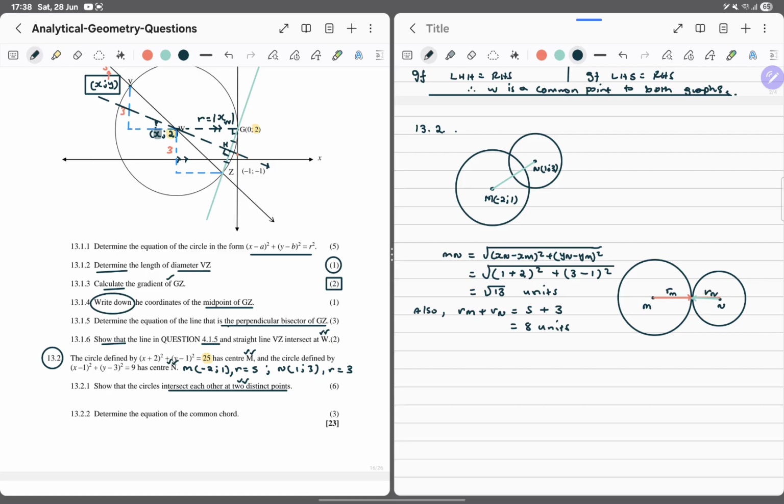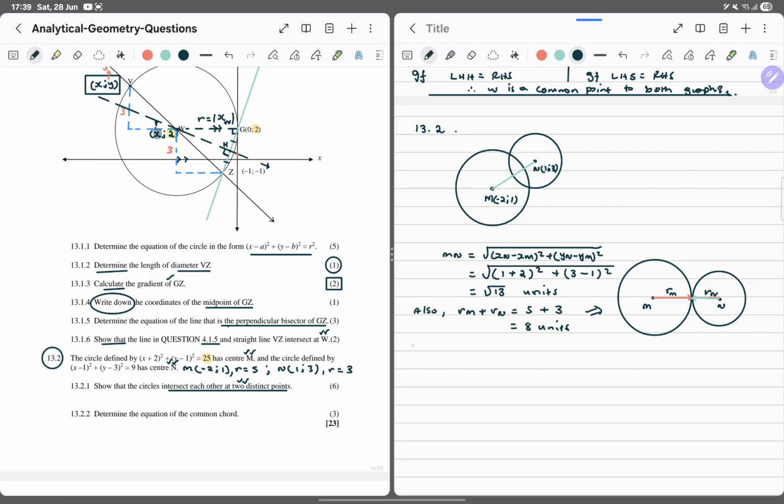So this whole shenanigan is coming from this restriction: if these circles were to touch at only one point externally, then the distance between their centers would literally be the sum of their radii. This is what we are trying to exclude.